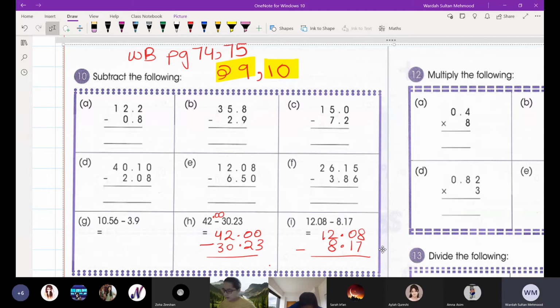Teacher, in question 9, part I, it should be 5.00. Yes.